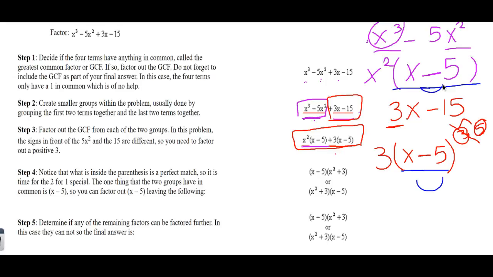So, in that case, we say, okay, we're going to put the x minus 5 as the common factor, and we're going to take these two and put them in parentheses. So x squared plus 3. Again, order doesn't matter, so you can put the x squared plus 3 first, then the x minus 5. And that should be your answer.